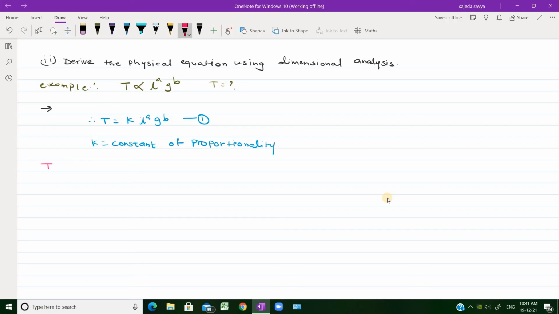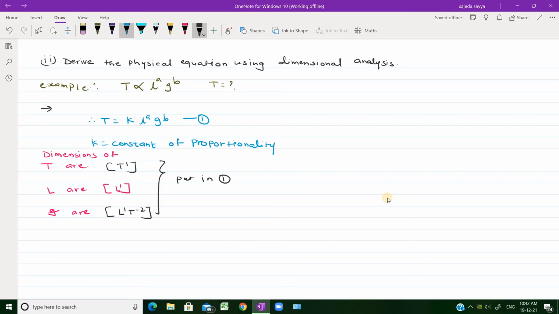So the dimensions of T are... we are given these dimensions. We know that we wrote these dimensions, so let us substitute it in equation 1.